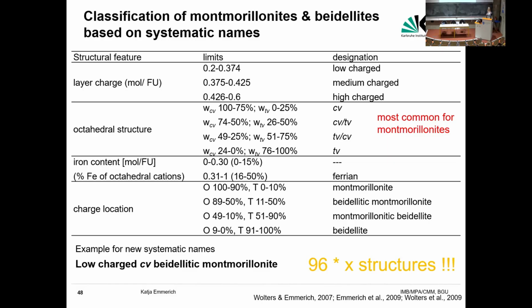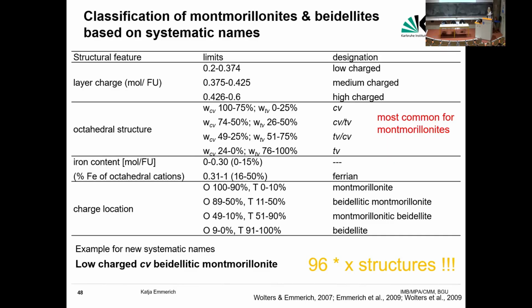It also is necessary to know about the contribution from the tetrahedral charge to the overall layer charge. So please remember there is not such a thing as the montmorillonite or the beidellite. There are many of those minerals around.